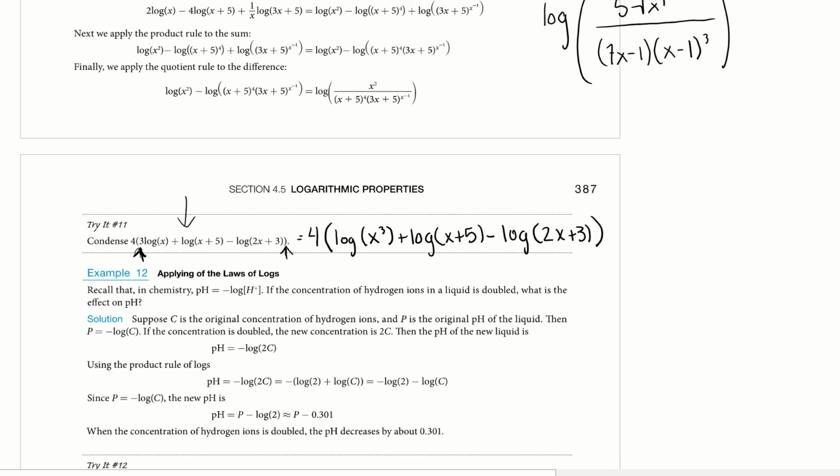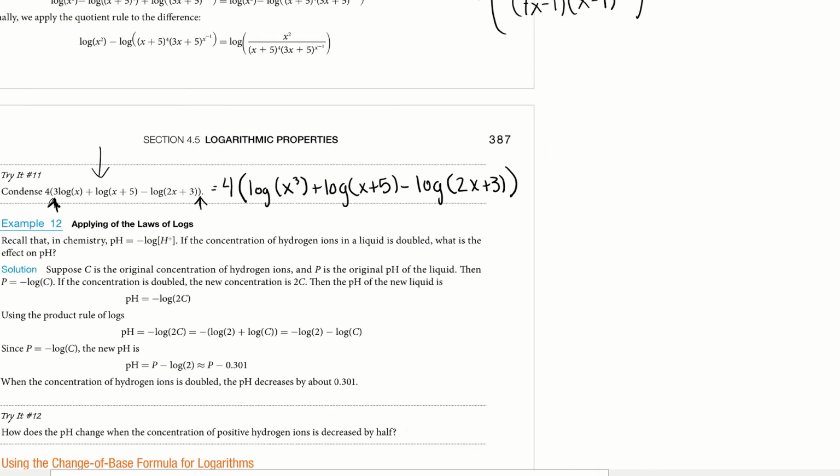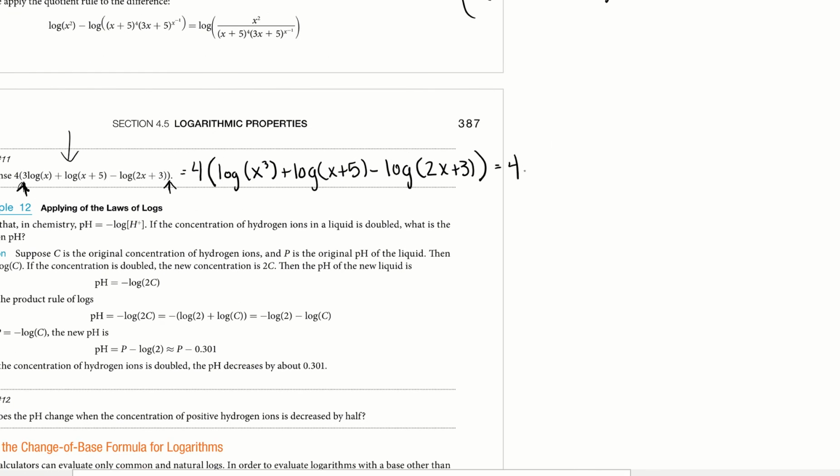Okay, so now I'm going to condense even further, and I add the first two together because I need the product rule now. So that means I can just multiply these together within one log, minus log (2x + 3).